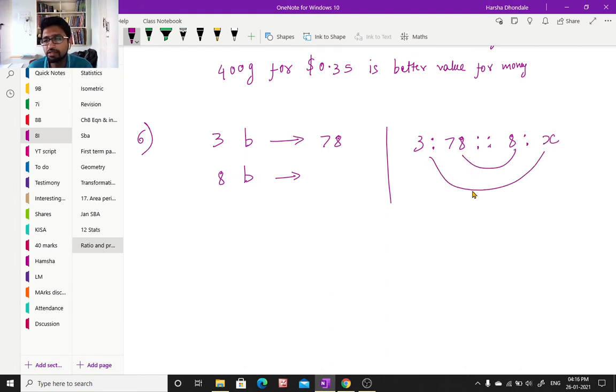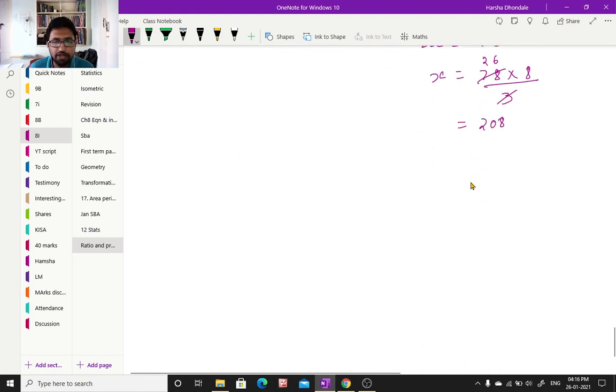Cross multiply and write 3x is equal to 78 into 8. X is equal to 78 into 8 by 3, and you can cancel this. 3 2s are 6, 3 1 remainder 1, 18, 3 6s are 18, so it's 26 into 8. You just have to calculate how much is 26 into 8. That gives you 208. So 8 boxes will have 208 chocolates. That's it.